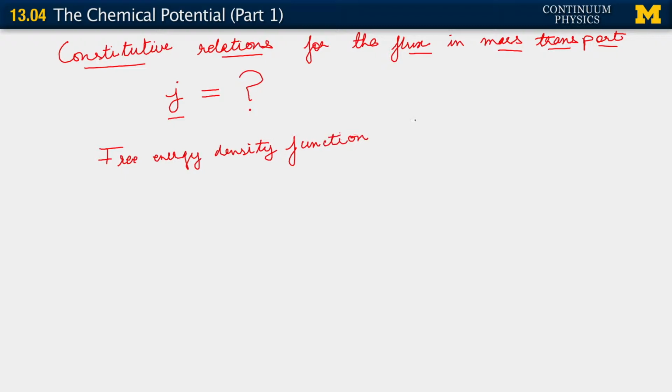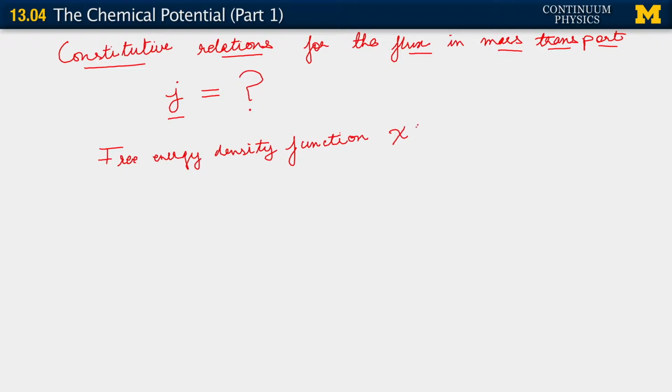As we've been doing before, we'll use the symbol chi for it. Now because we are doing mass transport in isolation of mechanics, we have only the concentration as our primary field.